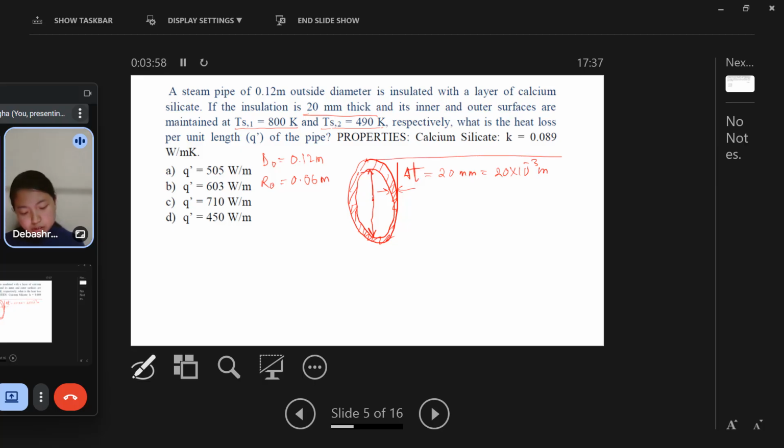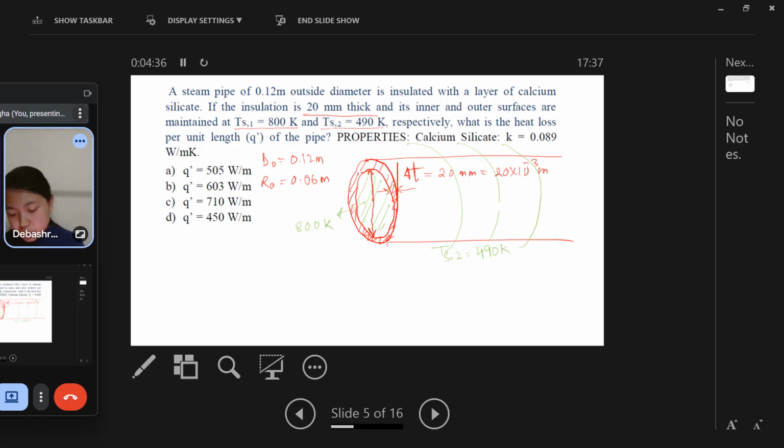So if this is the cylinder, its inner surface is maintained at 800 Kelvin, and the outside surface of this cylinder is maintained at temperature Ts2, 490 Kelvin.